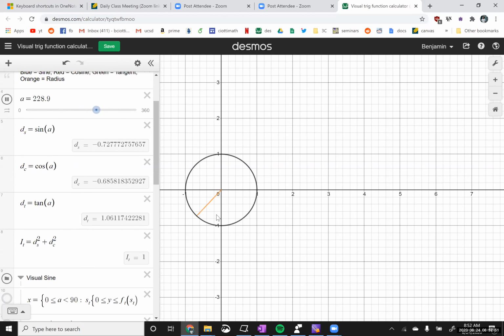Now I want you to keep track of what the y value is as you're a point on this circle. There we go. So keep track of the y value.